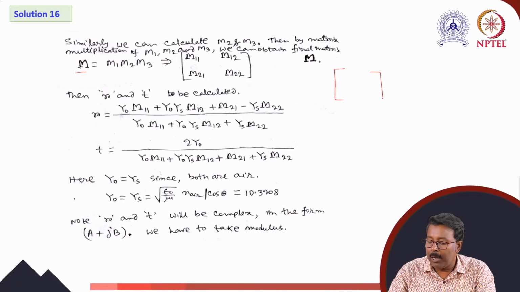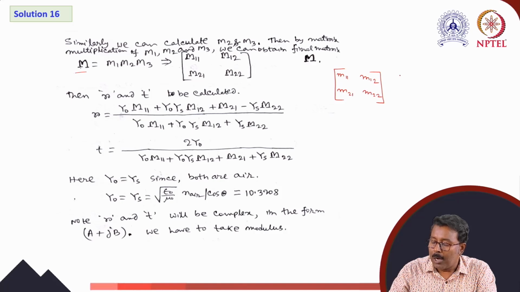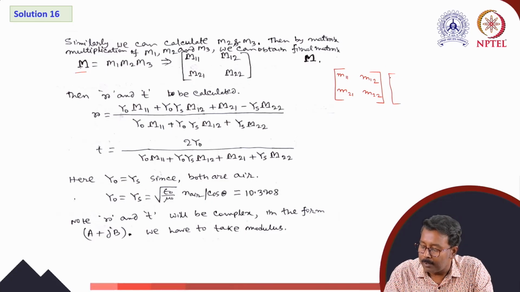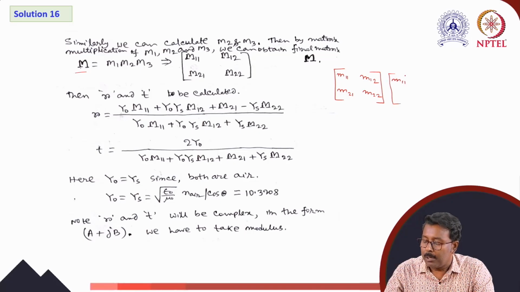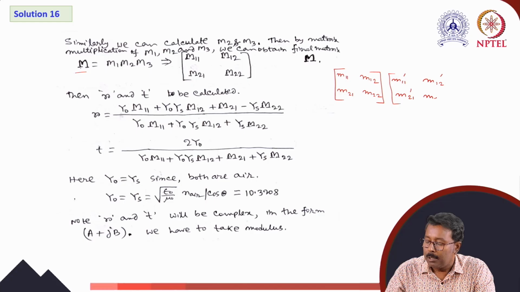For matrix multiplication, suppose the M1 matrix has elements small m11, m12, m21, m22, and the M2 matrix has elements m11 dash, m12 dash, m21 dash, m22 dash.